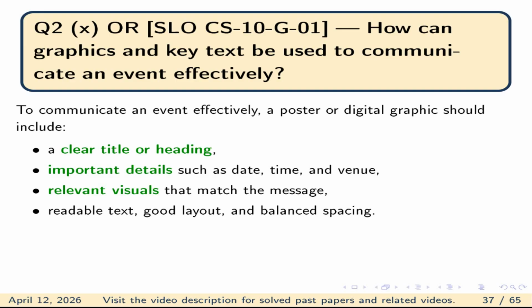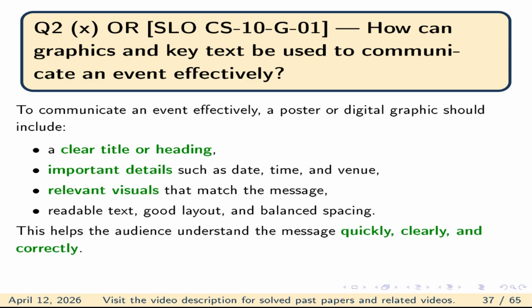Alternate part: How can graphics and key text be used to communicate an event effectively? To communicate an event effectively, a poster or digital graphics should include a clear title or heading, important details such as date, time, and venue, relevant visuals that match the message, readable text, good layout, and balanced spacing.